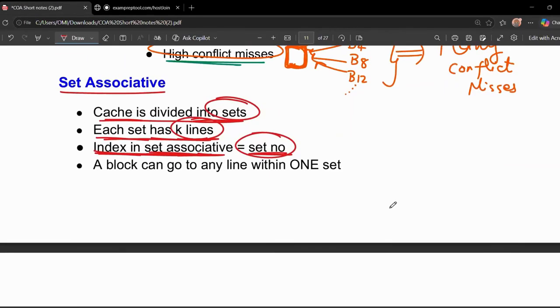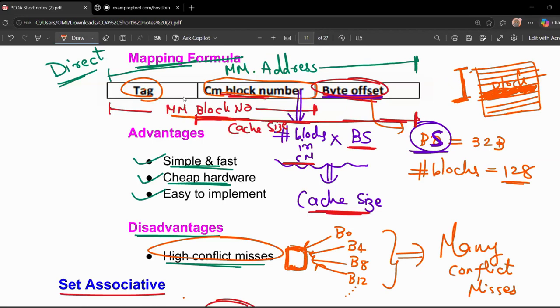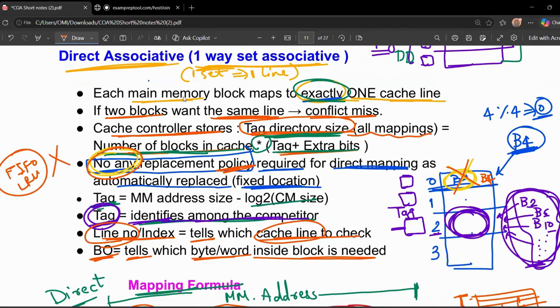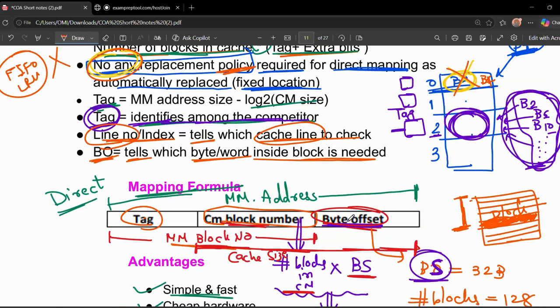Now, what is the mapping formula? To find the set number, you take the block number mod the total number of sets, and then you get the set number for the main memory block.